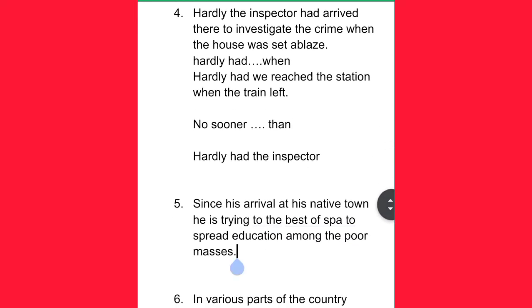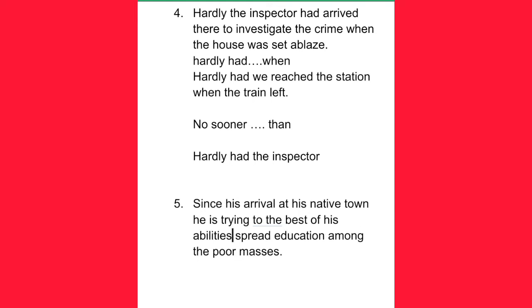Okay, next one is, since his arrival at his native town, he is trying to the best of his abilities to spread education among the poor masses.